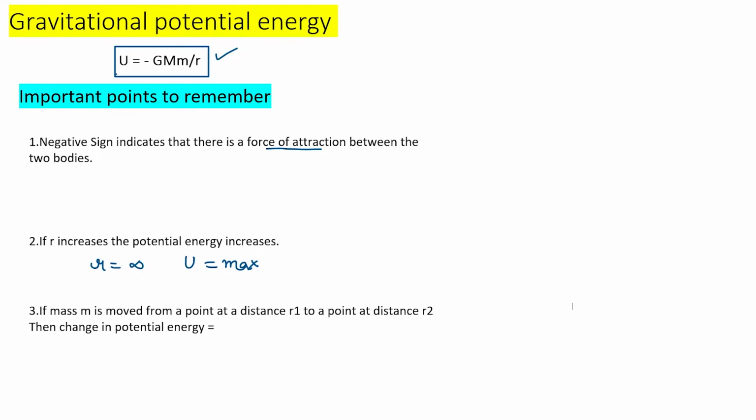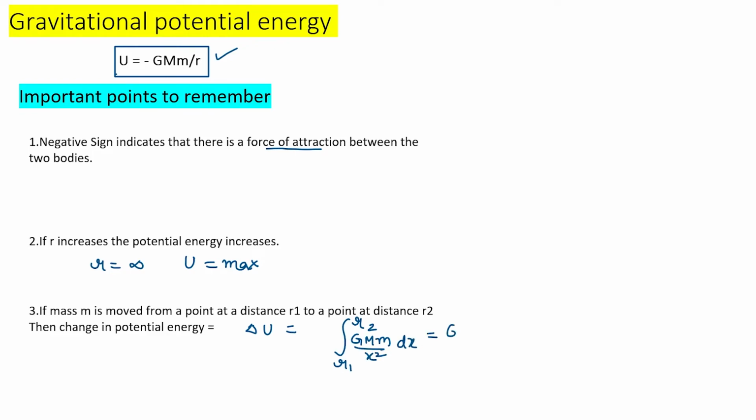Now third thing which we have to remember is, if your mass m is moved from a point which is at a distance r1 to a point at a distance r2, then change in potential energy will be given as delta U. Again we can use that expression. Instead of infinity we will write r1 to r2 GMm by x square dx.